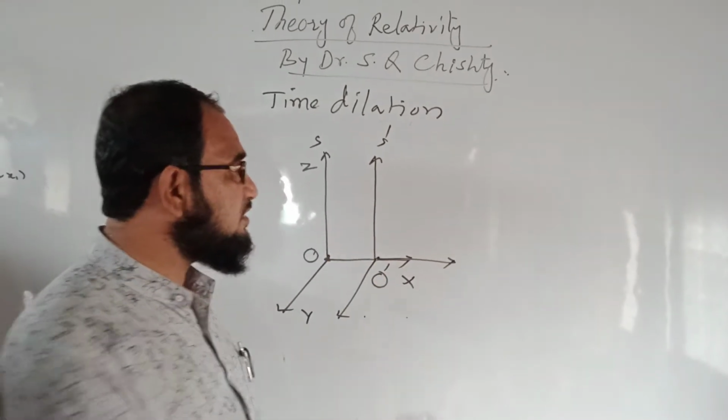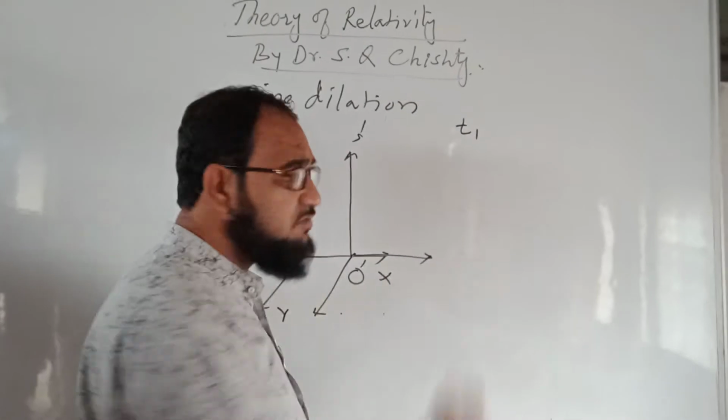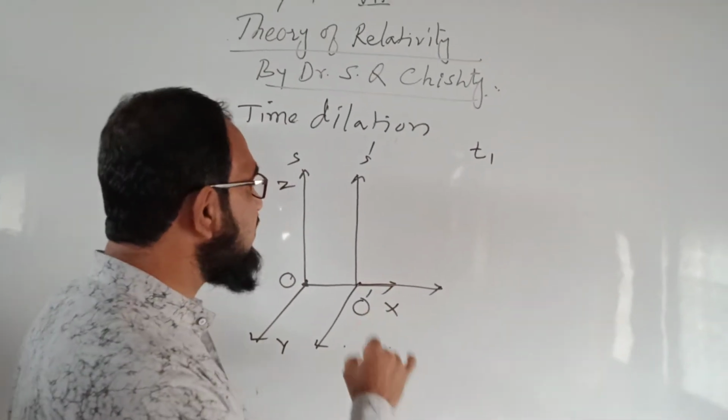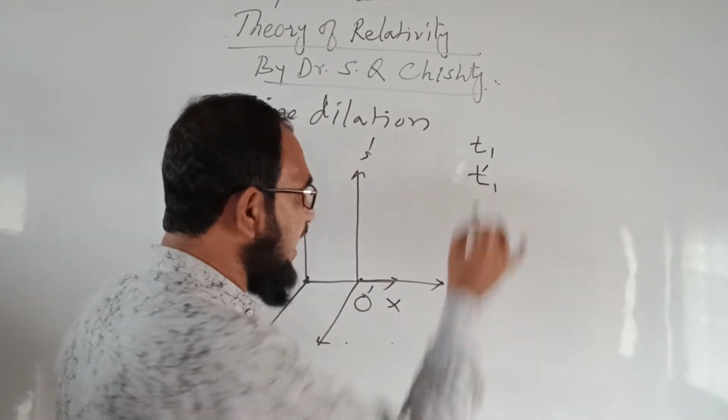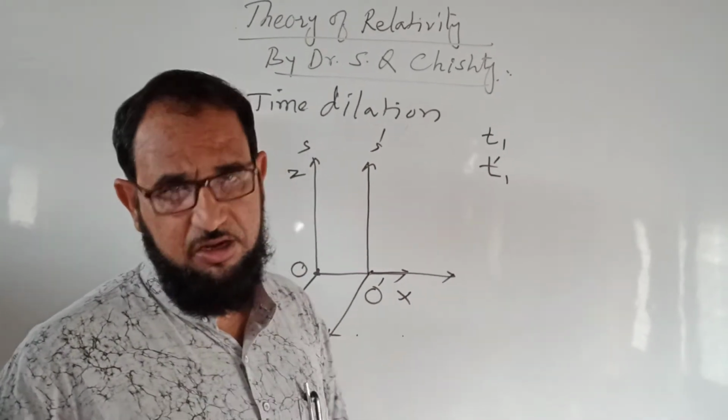Suppose the time measured by the observer O is T1 and the time measured by the observer in the second frame is T1 dash for an event to occur.